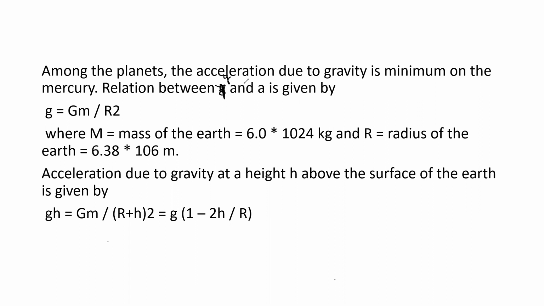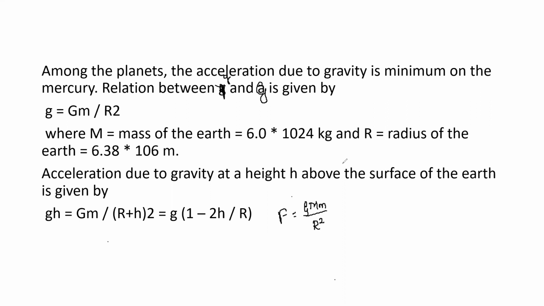So this is G itself, but here it is capital G. We will see the relation between them. How will we do this? As we know, F is equal to G into, in brackets, capital M into small m, divided by R square.